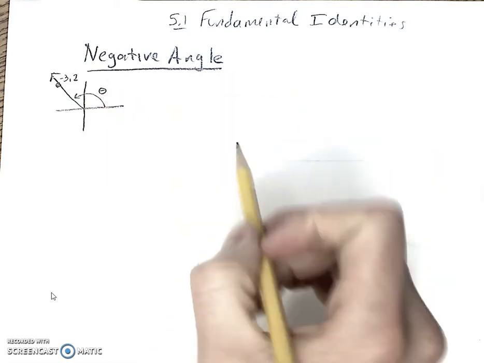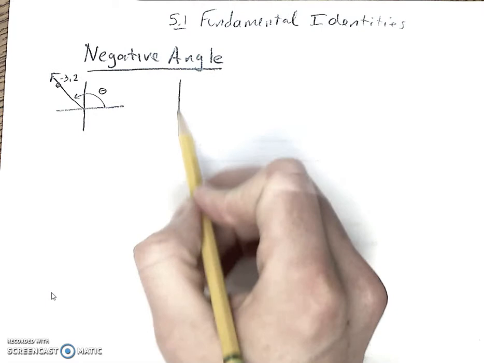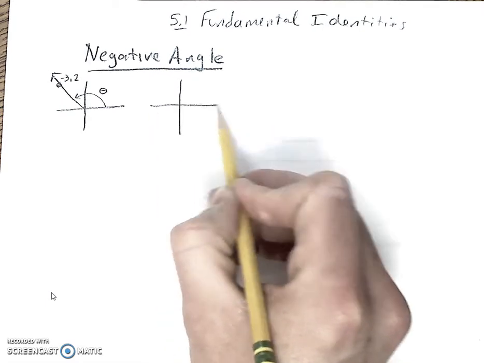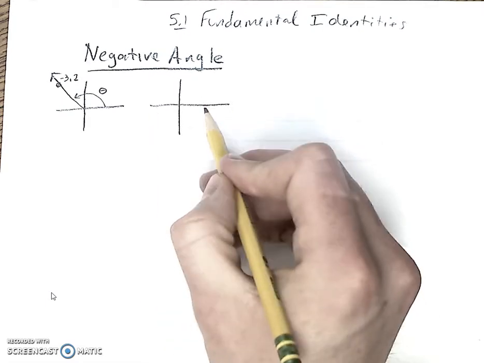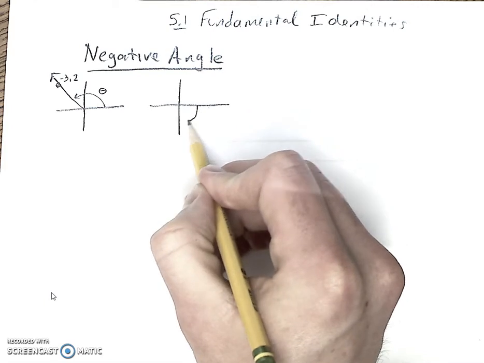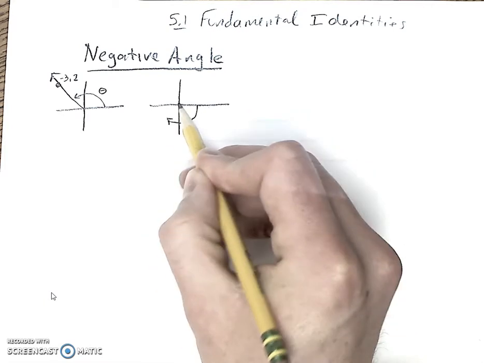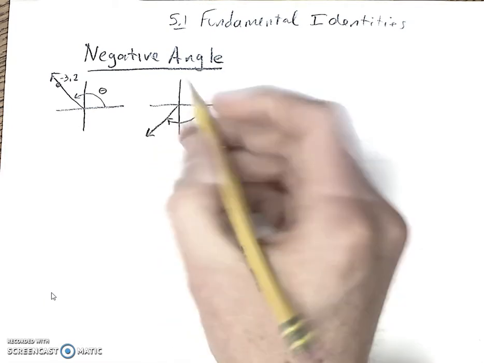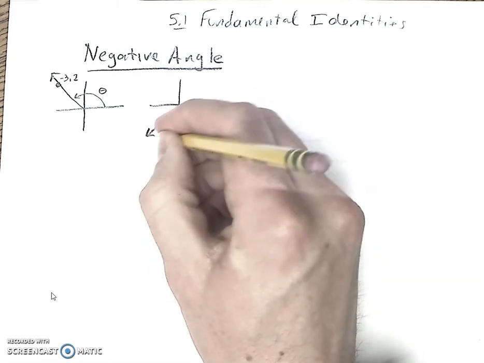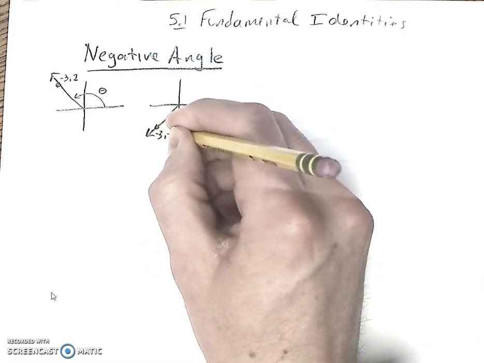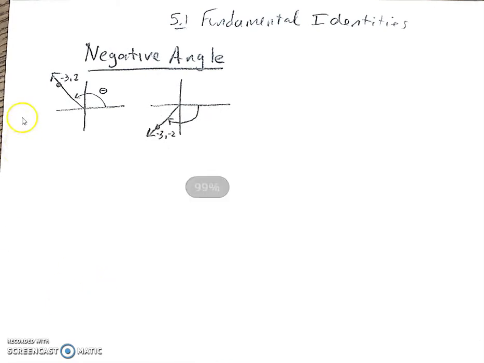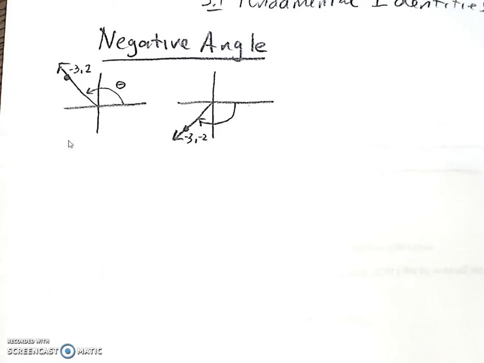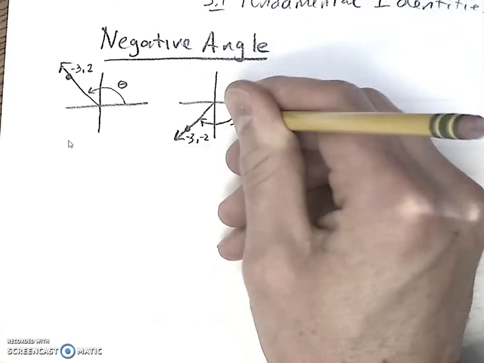Then negative theta would be the angle that just goes in the opposite direction, the same number of radians or degrees, and gives us a terminal point at -3, -2. Okay? I'll even zoom in there so we can get a picture of that.